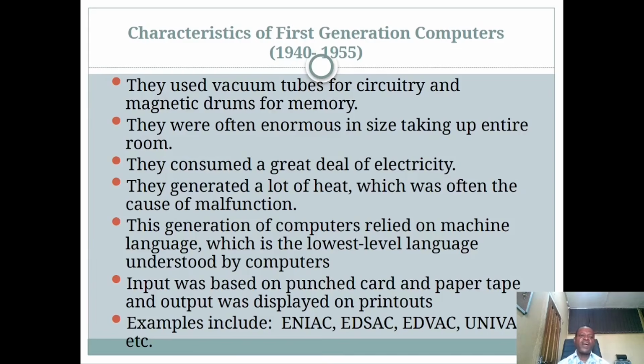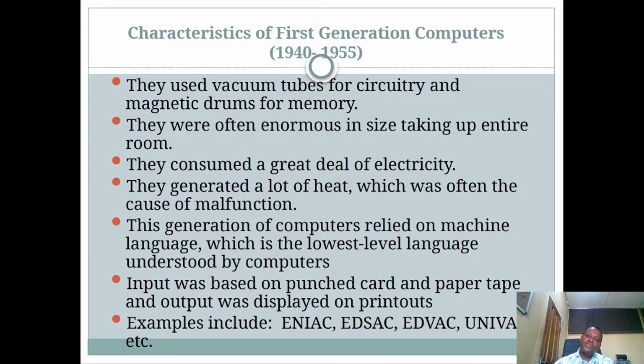Now, number 5 point you should know also is that this generation of computer relied on machine language. Machine language is the lowest level language understood by the computer system. For some of us who have done computer courses somewhere, you agree with me that there are two major levels of programming languages.